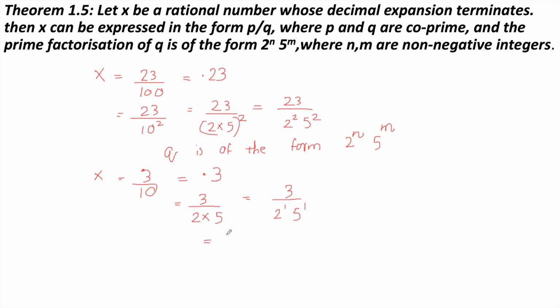Again, the denominator is of the form 2 raised to n, 5 raised to m. So if the denominator is of the form 2 raised to n, 5 raised to m, x we can express as a terminating decimal number.